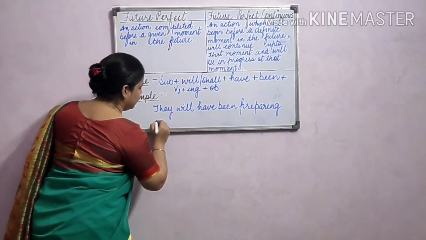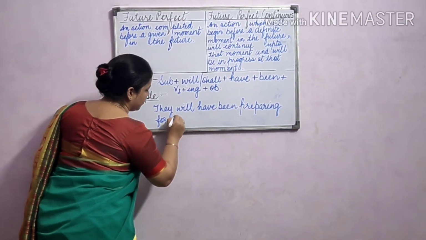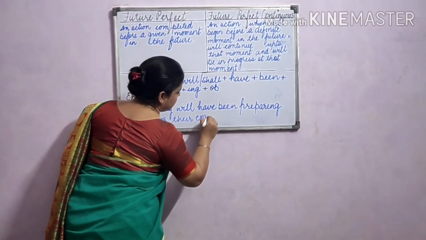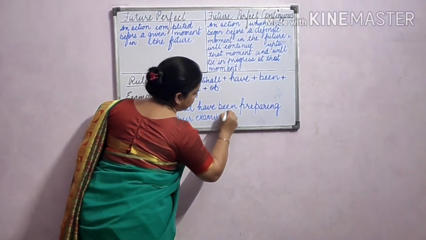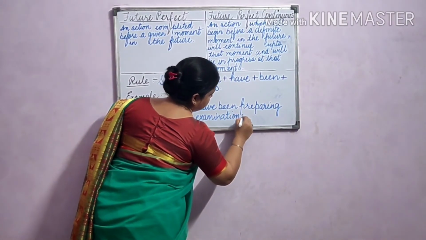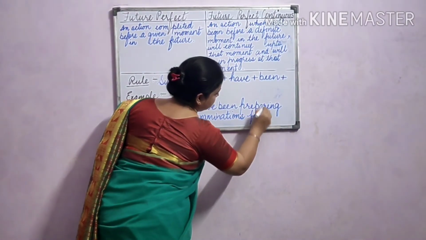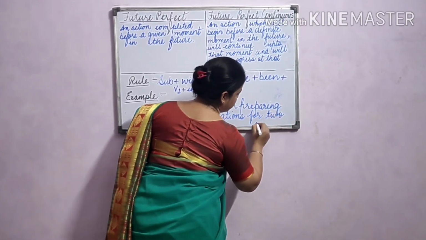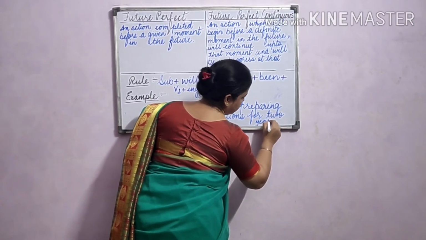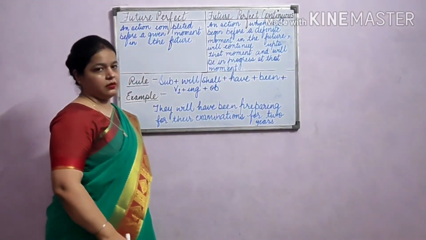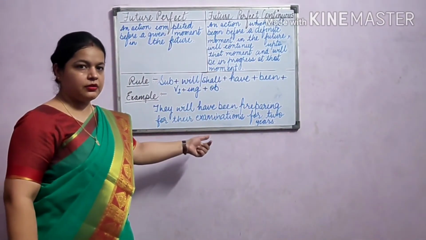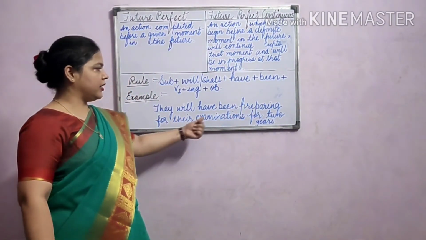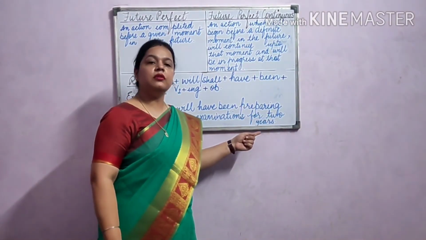Have been preparing for their examinations for 2 years. Okay, I hope it is legible to you. Let me read it out. They will have been preparing for their examinations for 2 years.